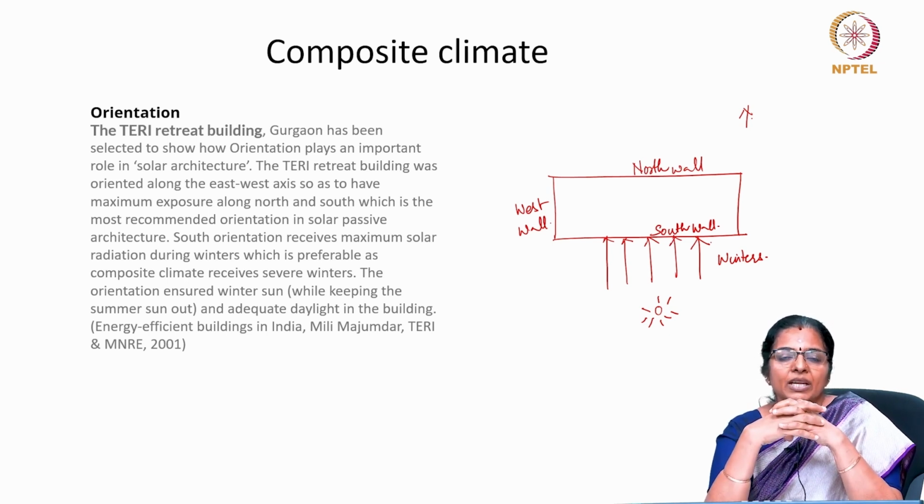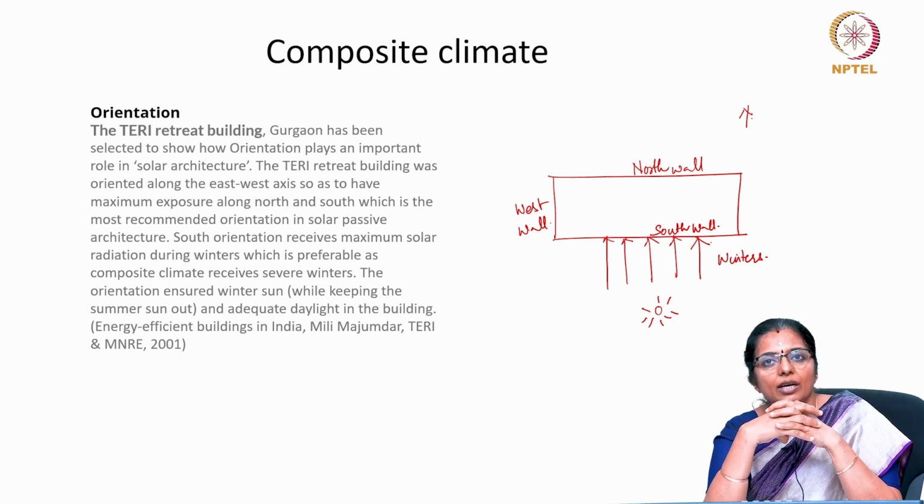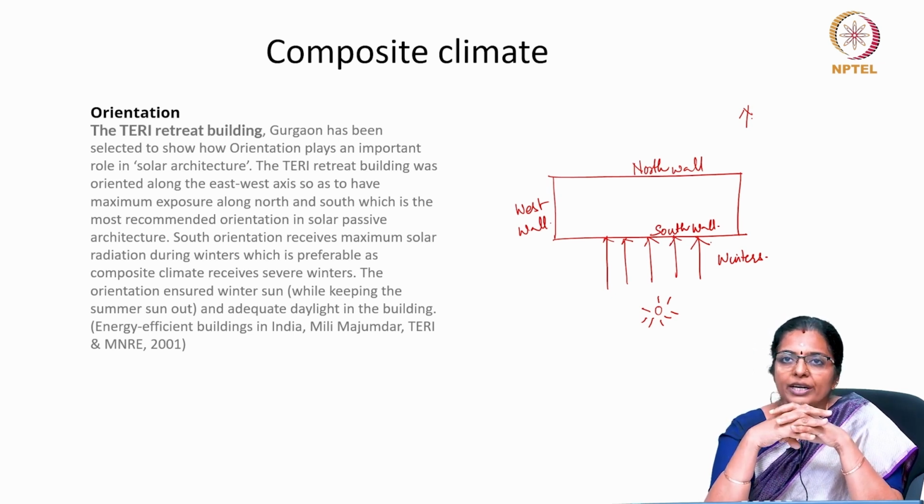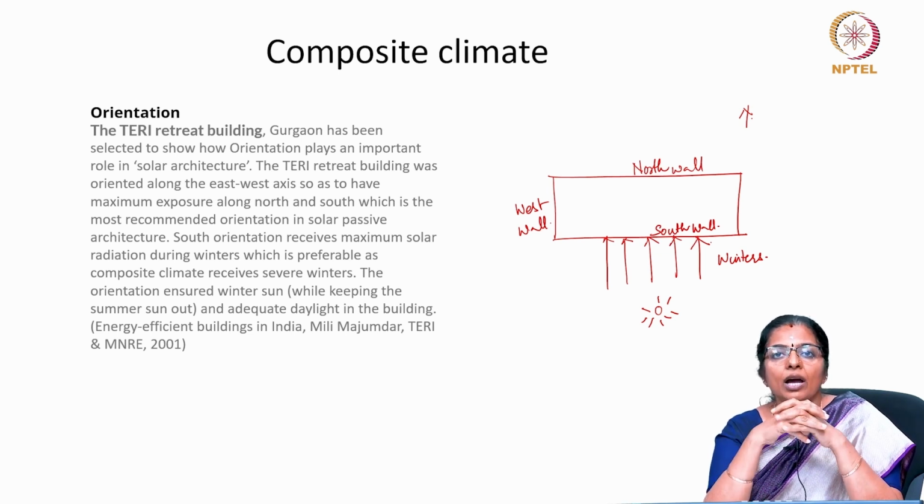Let us quickly brush the moderate and cold climate. We will also see an example of a building in a cold climate. Normally, in moderate and cold climates, buildings should have an elongated shape along the east and west axis.